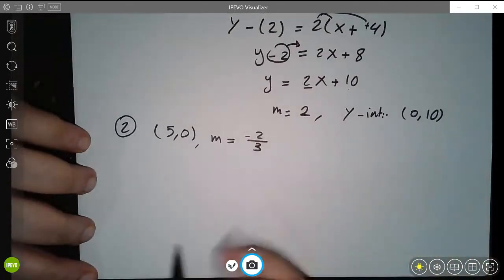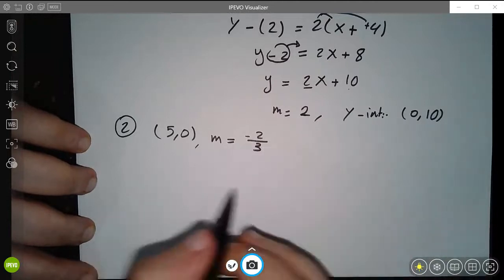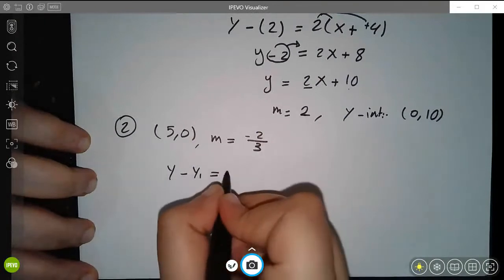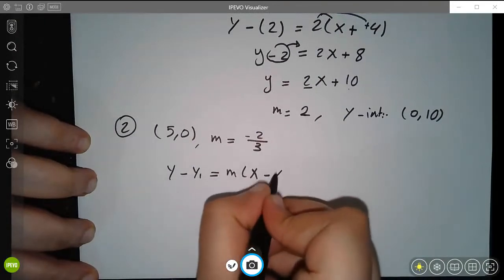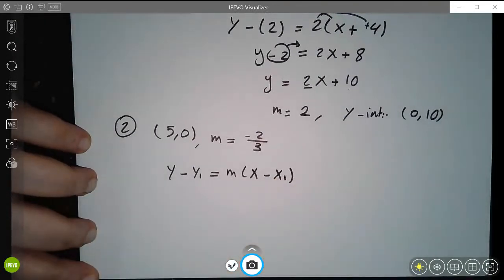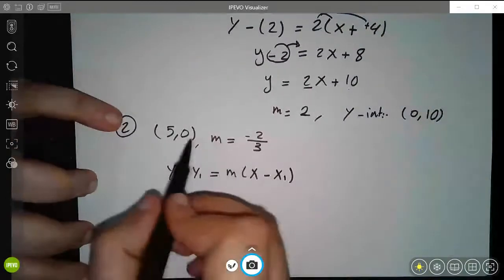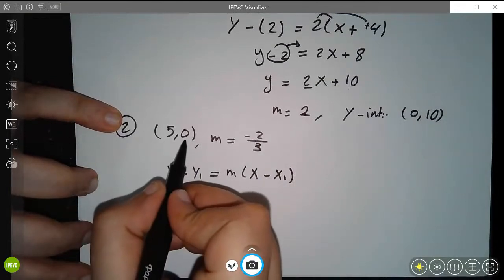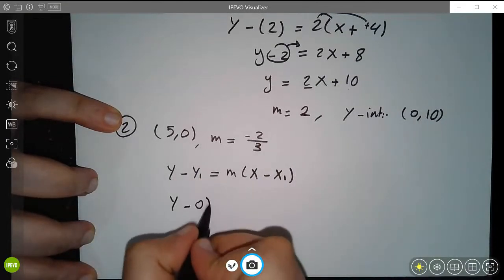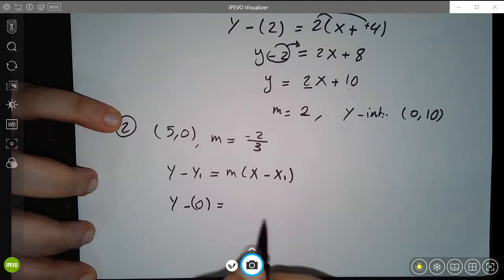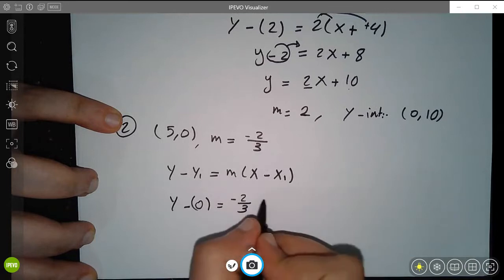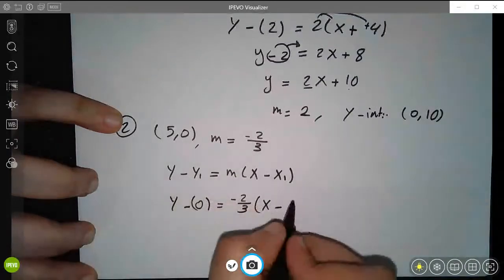Now let's try and find the equation from the formula. So that is y minus y1, which equals m times x minus x1. Let's plug in: y minus, what's my y1? In this case, it's 0. Now m is negative 2 over 3, times x minus 5.